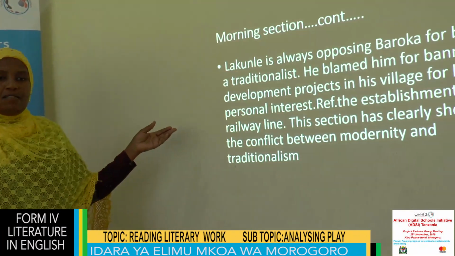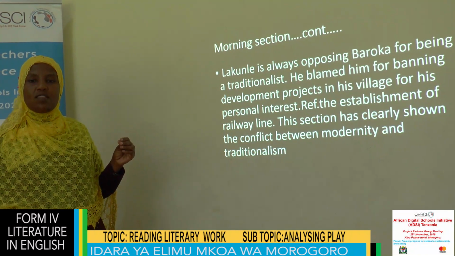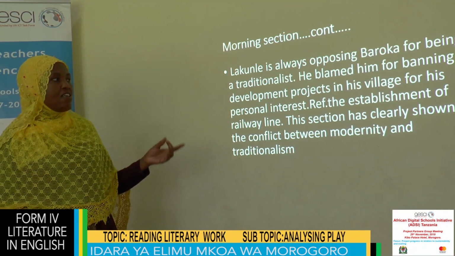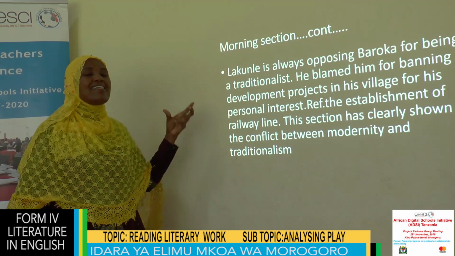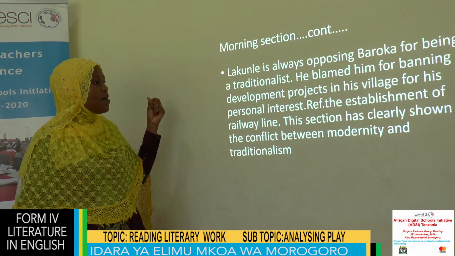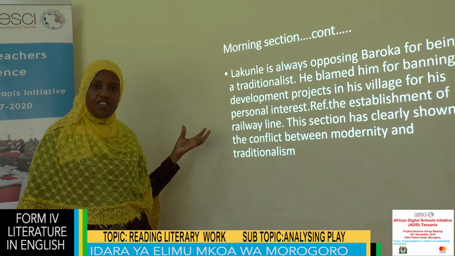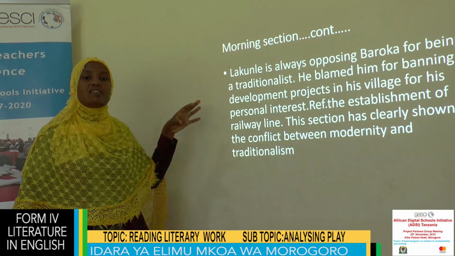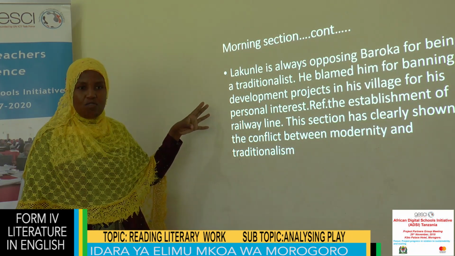Just for the sake of making sure that all elements of the traditional culture are preserved, the village leader has rejected the project of establishing a railway in his village. Lakunle keeps on lamenting that habit. That's not a good person.